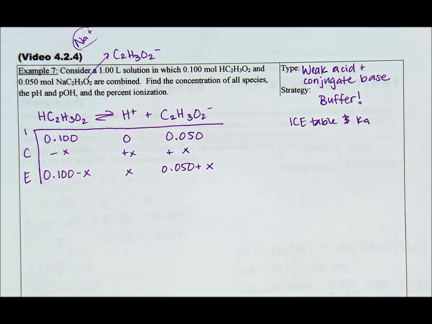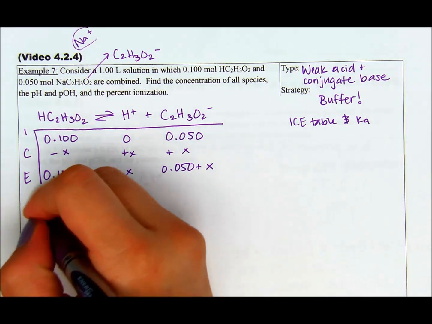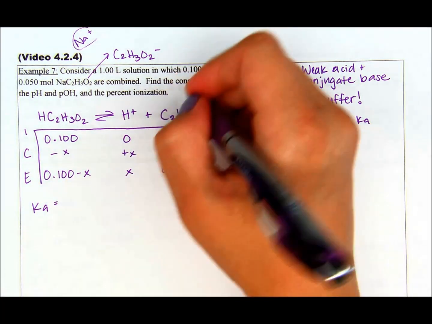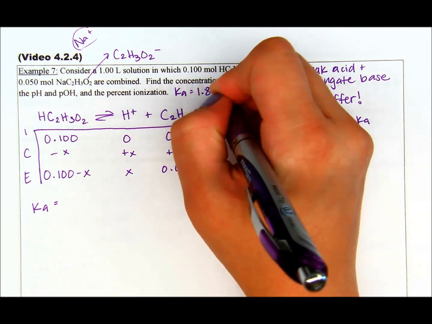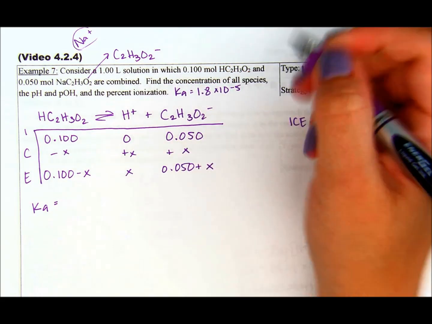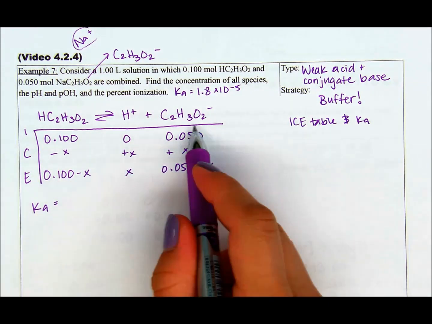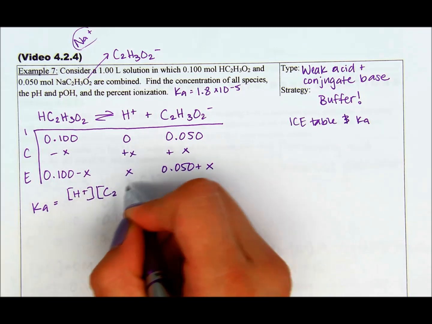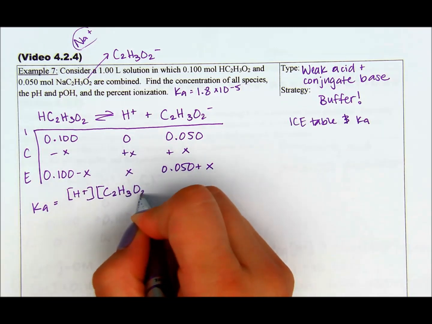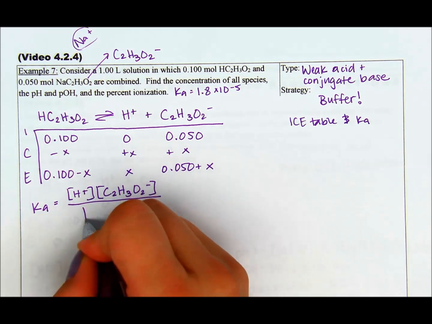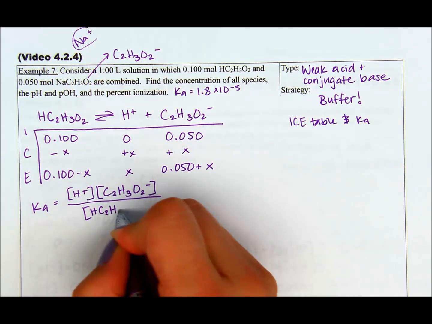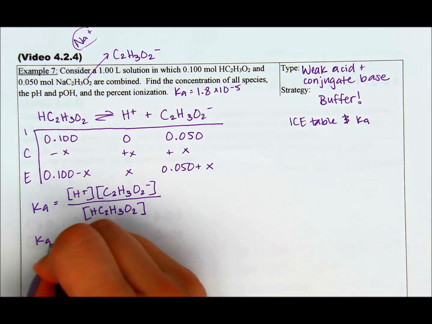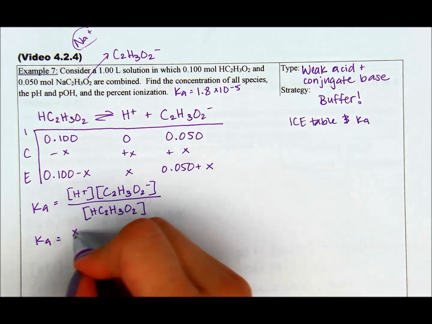Now we're going to go ahead and use our Ka. And I'm sure you've probably memorized the Ka at this point, but if you haven't, your Ka equals 1.8 times 10 to the negative 5 for vinegar. So Ka equals your products over reactants, so H plus and your acetate over your acetic acid, and rewriting all this, your H plus is x.